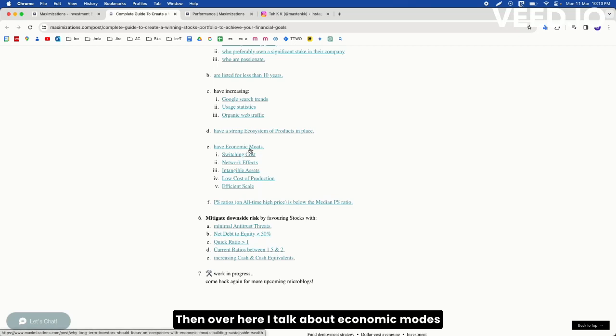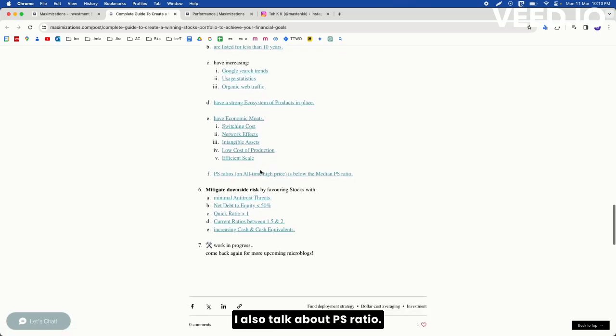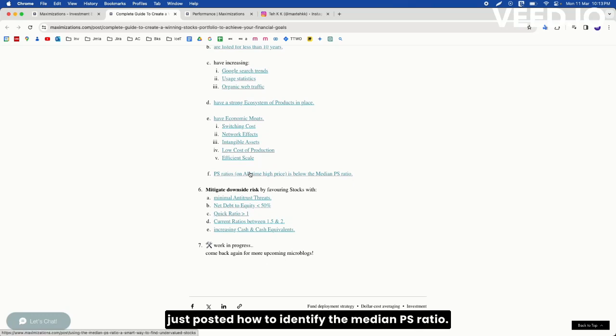Then over here I talk about economic moats and the various economic moats that investors should look for when analyzing companies. I also talk about the PS ratio, how to identify the median PS ratio.